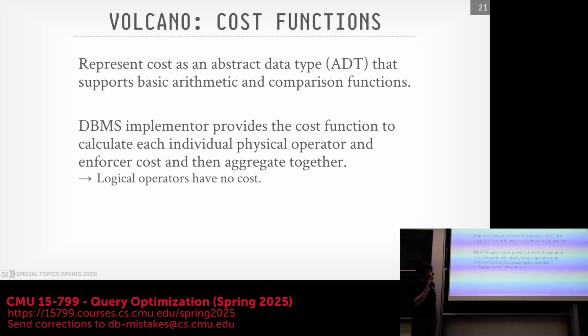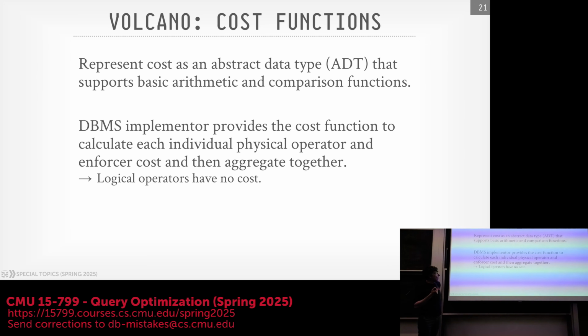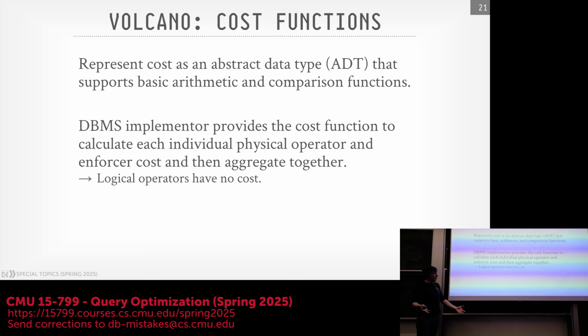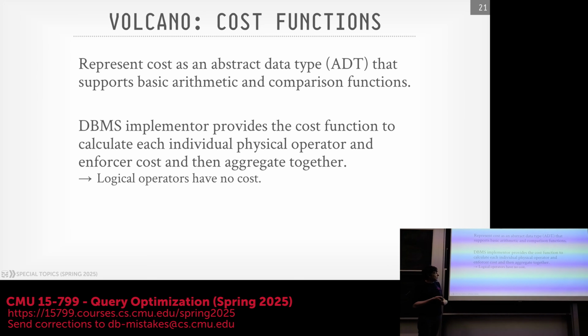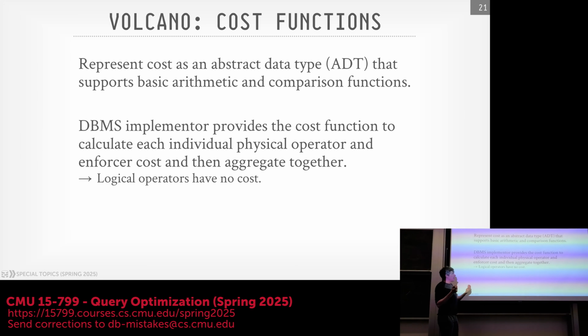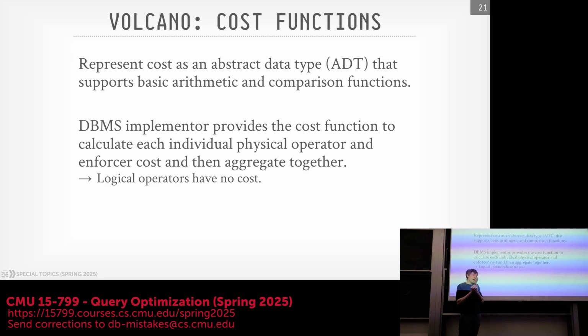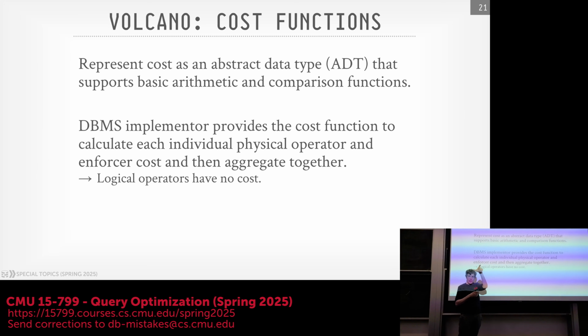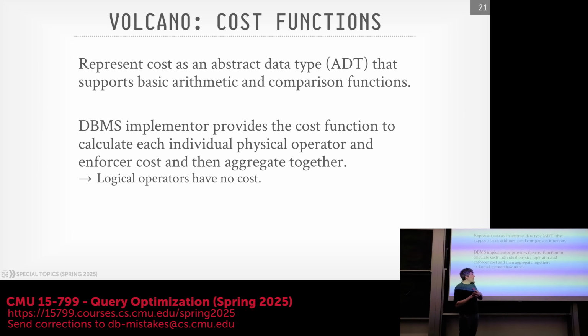The cost functions are also abstracted away in the implementation as well. Again, this is something that you as the data system implementer have to provide. Think of it like an object-oriented model, where you would have an abstract class of a cost, and then if you override it, you have to provide the plus operator or the equals operator, less than, greater than, and so forth.